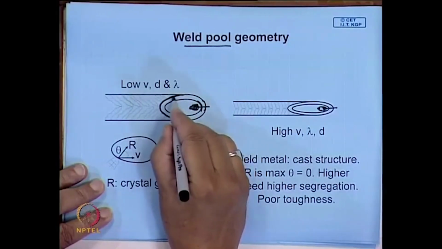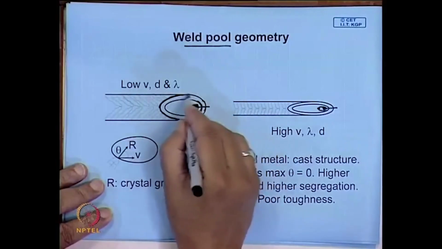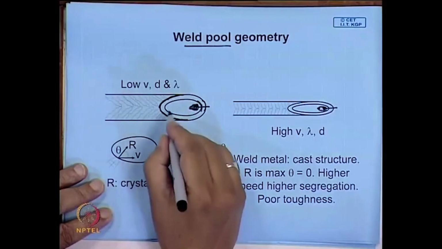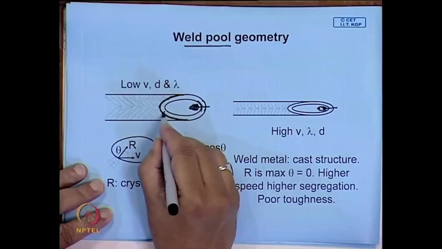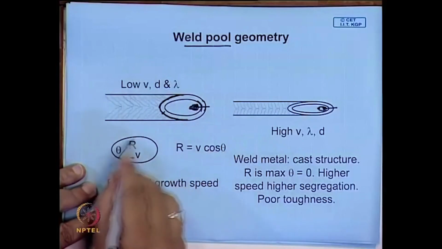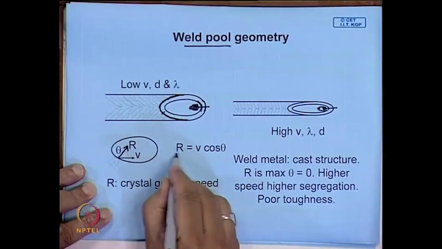This is where solidification starts, where solidification is about to begin. So, imagine this is a grain; as this moves it will grow, and the growth direction will always be perpendicular to the surface. That is shown over here, that this is the growth direction, that is r.